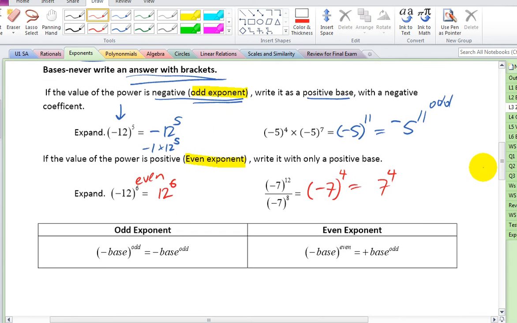Okay, so this sums everything up. Odd exponent, you're going to have a negative base. Even exponent, change your base to positive.